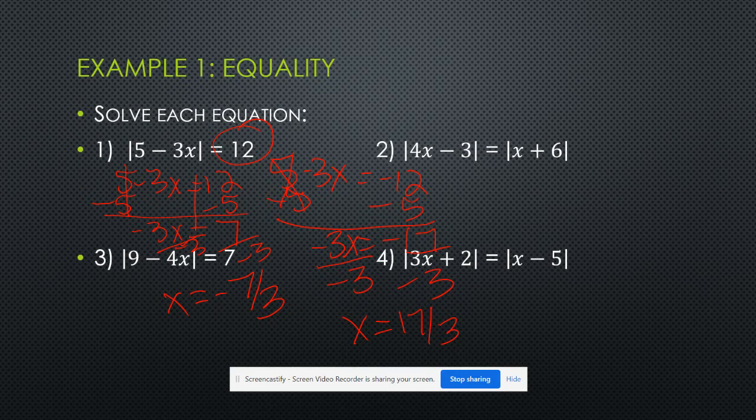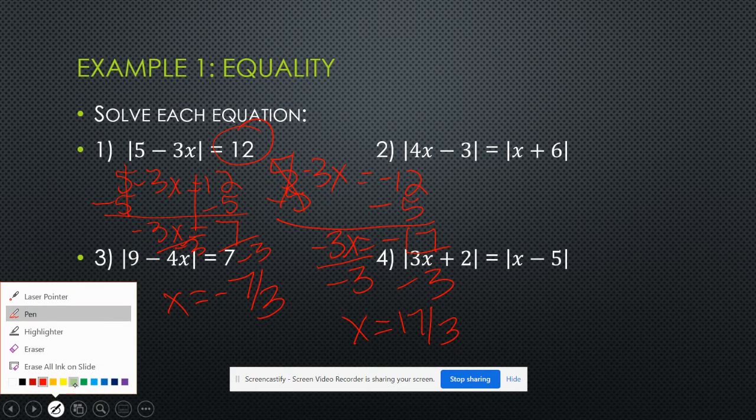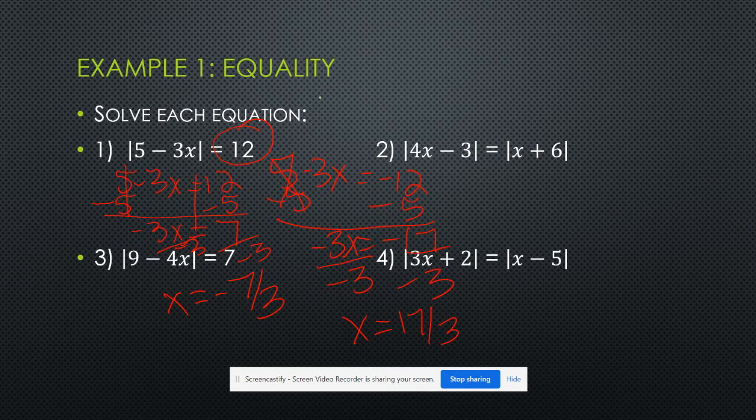We always want as exact of an answer as we possibly can have, so we're not going to do decimals for these. To write our solution set then, we have braces, negative 7/3 and 17/3. Okay, braces because of the equal to.